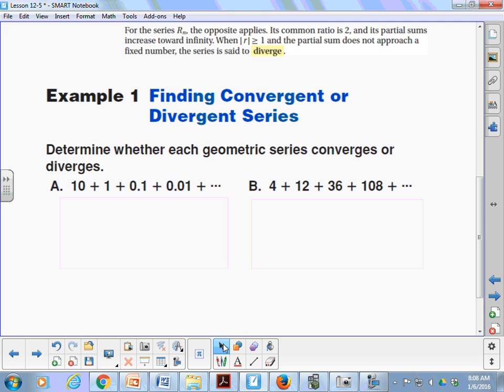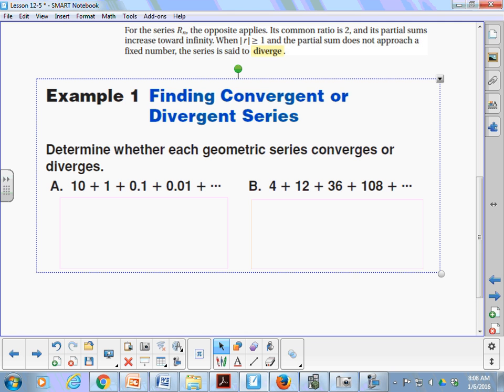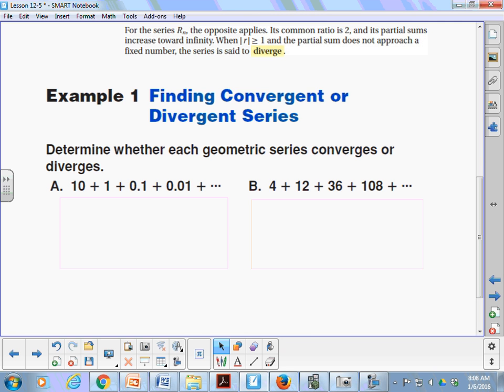RJ, what are we multiplying by? How do I figure it out if I'm not sure? You use your calculator, okay? And divide. Take the next number and divide by the previous number. What's 1 divided by 10? Okay, 0.1 or 1/10. All right.